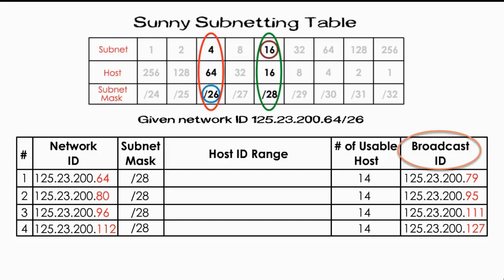We are almost there. One last column, the host ID range. A subnet host ID range is any host IDs between the network ID and the broadcast ID. Therefore, the first range is from 65 to 78.